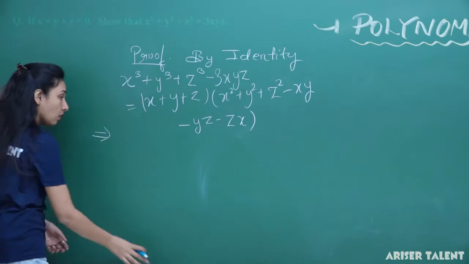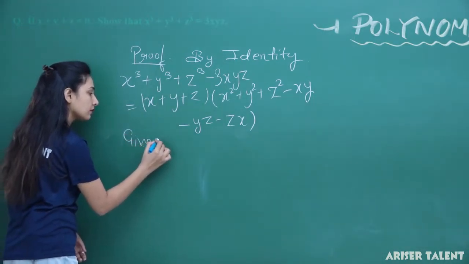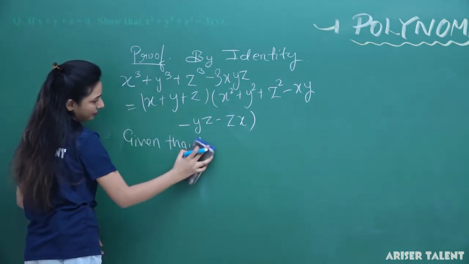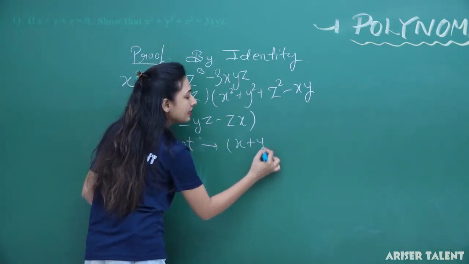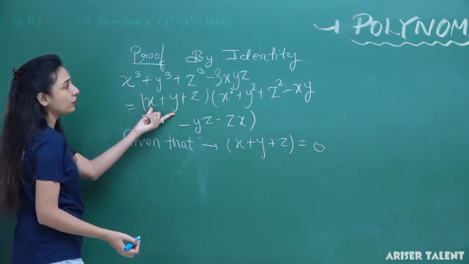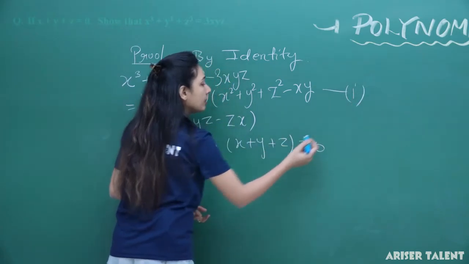Okay. Now, given that x plus y plus z equals to 0. Now, put this value of x plus y plus z in this equation 1.